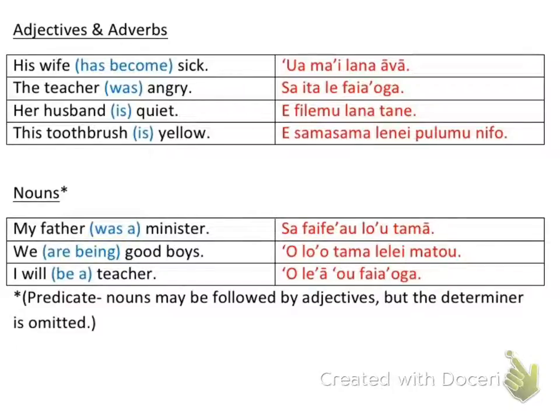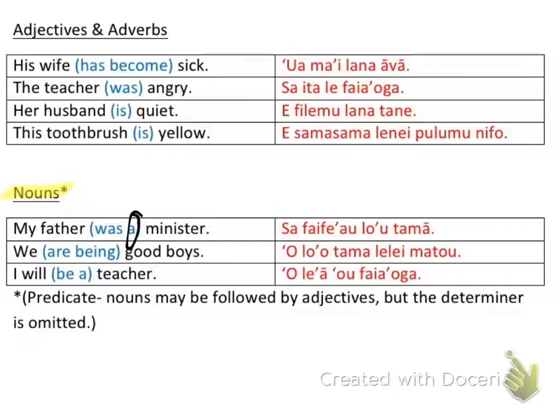And that's because I have an asterisk right here on my nouns, and that's explained right here. So when I use nouns as predicates, they may be followed by adjectives. That's nothing new, but the determiner is omitted. So that's why, when I use a noun as a predicate phrase, I don't need to put the in there.